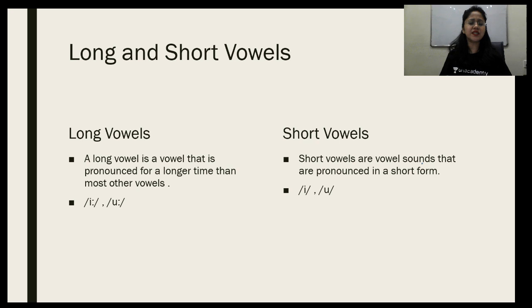I'll give you a very simple example of a long and a short vowel. A short vowel would be something like hit, and a long vowel would be heat. Again, gift. The other one would be geek. So the shorter one, we didn't pull it that much, and the longer one, we pulled it a lot more. That is the difference between a short vowel and a long vowel.